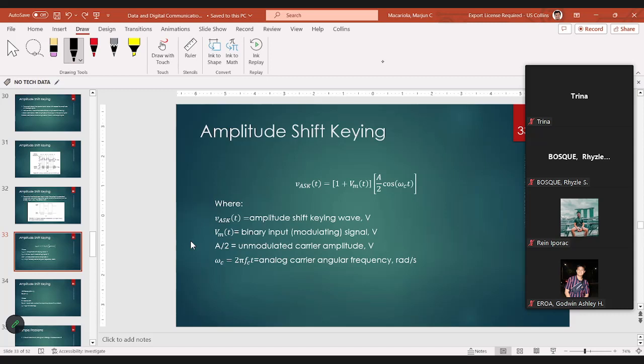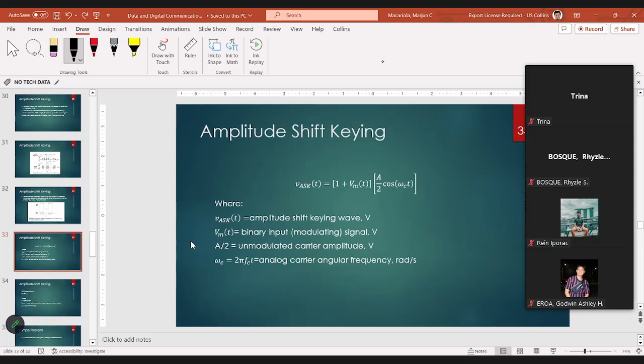Vm(t) is the binary input, the modulating signal, in terms of volts. Yung A/2 is the unmodulated carrier amplitude, again in volts. ωc is equal to 2π fc t, where fc is the carrier frequency. So that is the analog carrier angular frequency, which is in radians per second.